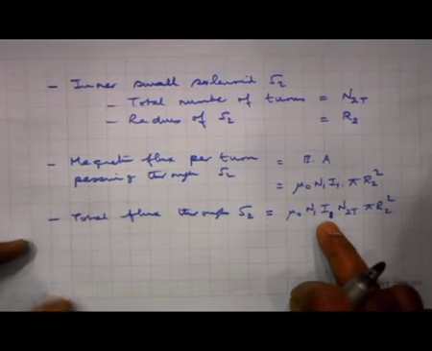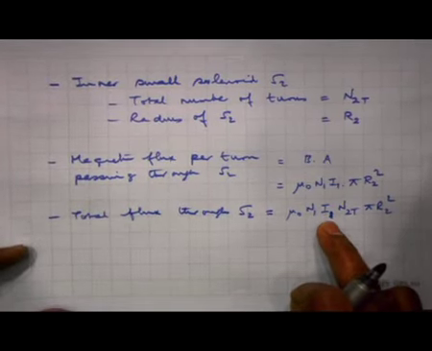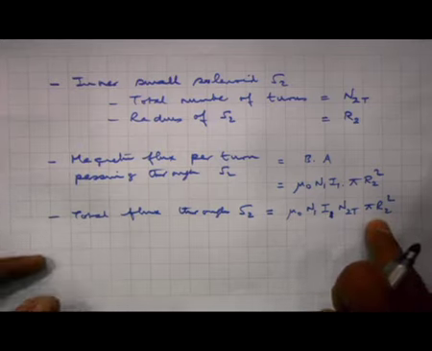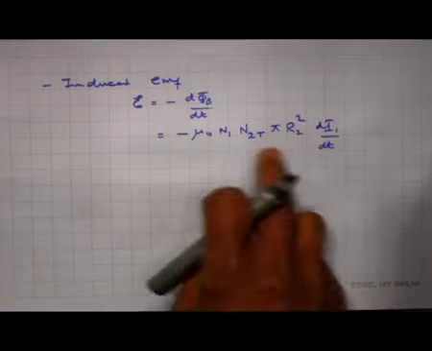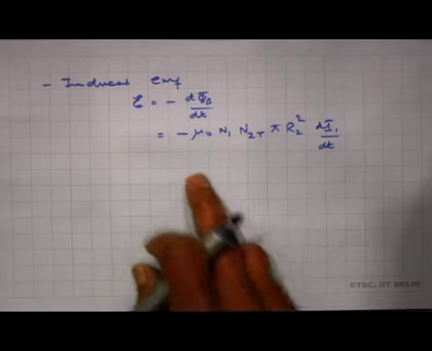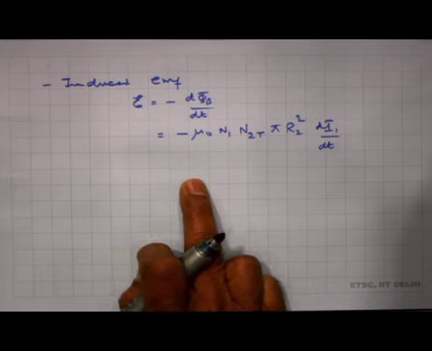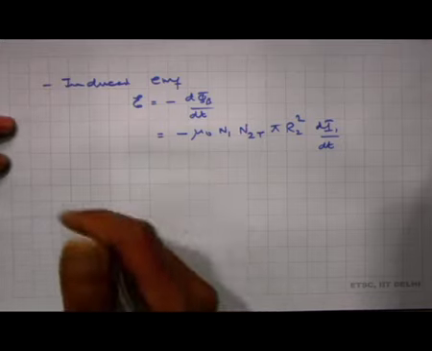The flux will change if I change the current through the outer solenoid. If I1 changes with time, the flux through the inner solenoid will change with time, and the rate of change of flux, with a minus sign, is the induced EMF. So, if the outer current does not change with time, there is no induced EMF in the inner solenoid. The moment I change the outer current as a function of time, there is going to be an induced EMF.